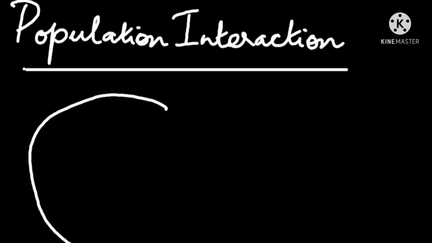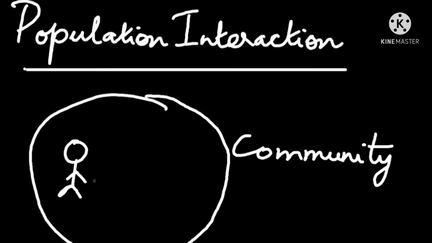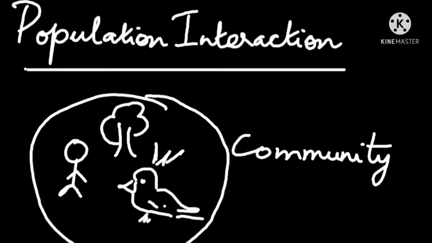So in a community, now suppose this is a community. Apart from the human beings, there are other species also, like animals and plants, and they are depending upon each other.